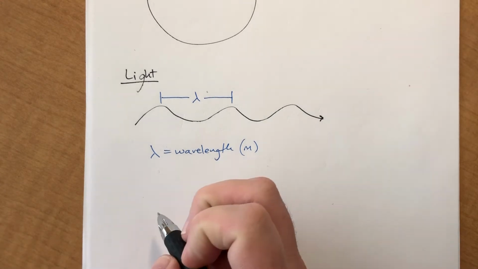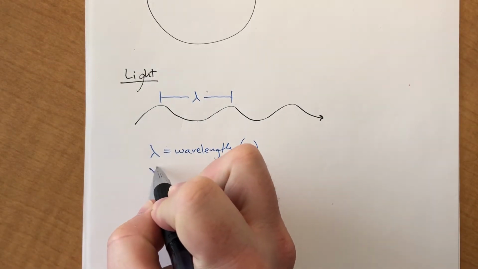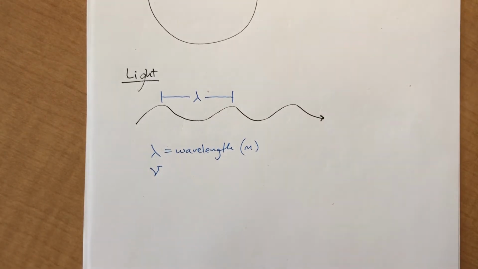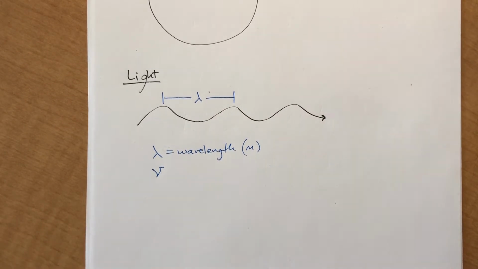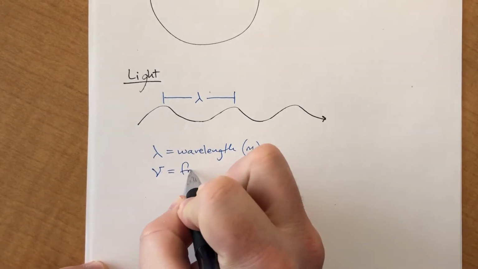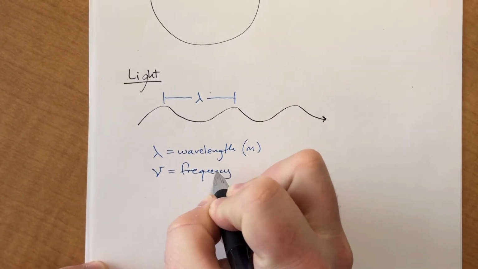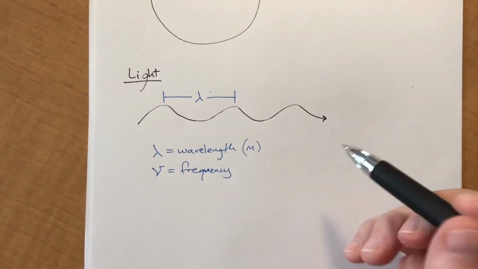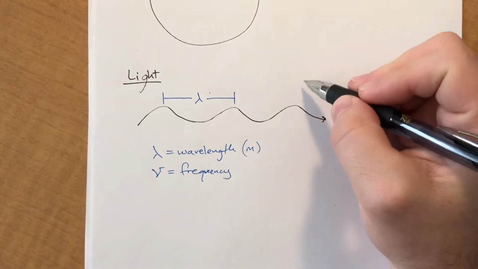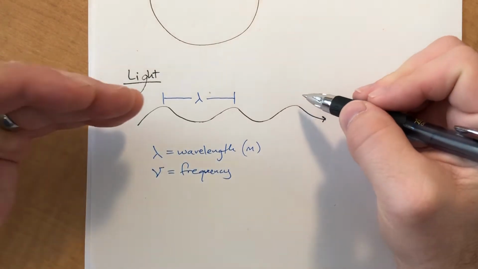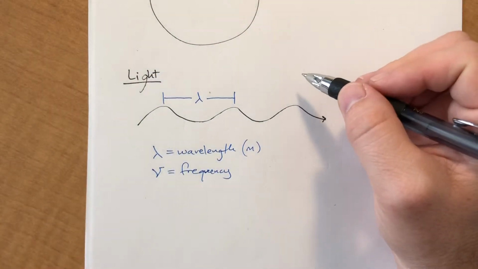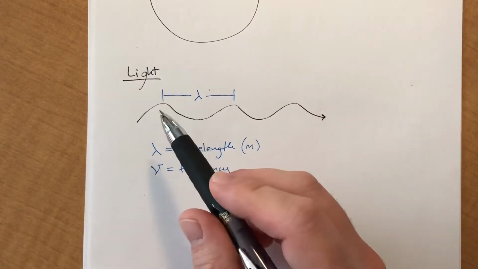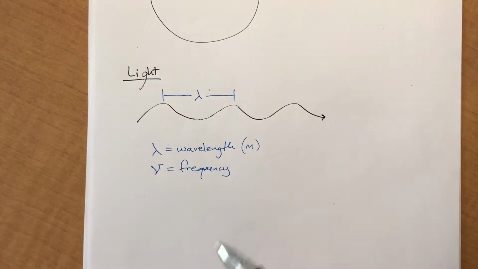Okay. That is one of the things we care about. The other one we care about is something called frequency, which is labeled as a nu. It's like a weird little curvy V. It's actually a lowercase Greek n, but it is what it is. Frequency is more if you're in a standing position, if your light is hitting something, or if it's passing by something, how often does the peak of a wave go by? How frequently does it occur?